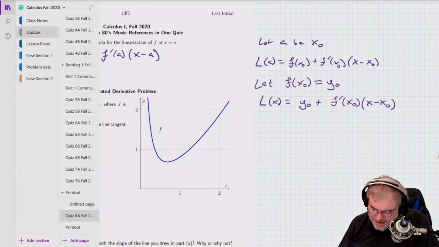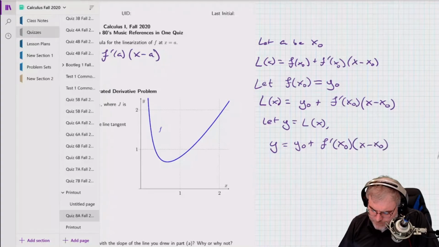All right, well, let's let Y equal L of X. And then I get Y equals Y naught plus F prime of X naught times X minus X naught.